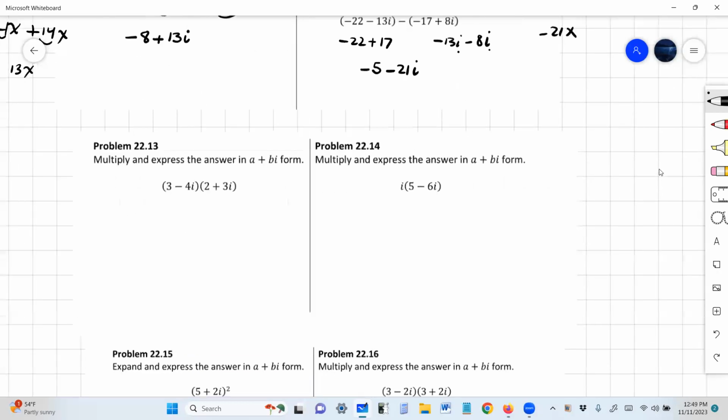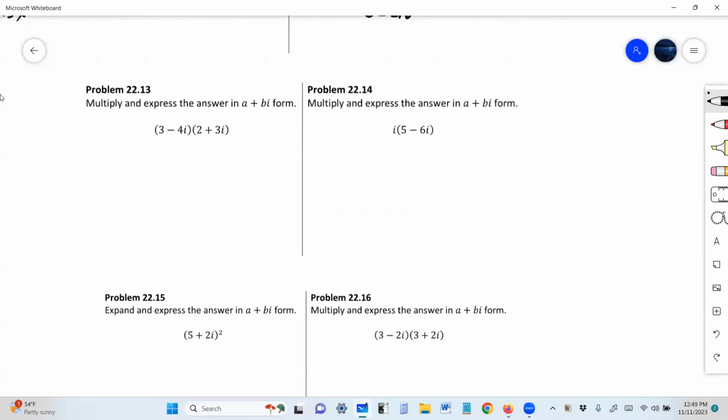And now we have a couple of problems dealing with multiplication. I'm going to do 22.14 first because that's the easiest one. So this is identical to doing something like this. Okay, i is just a variable. So i times 5, we just write the number first, 5i. And minus, there's an invisible 1 here, so this is minus 6i squared, right? i times i, just like x times x is x squared.